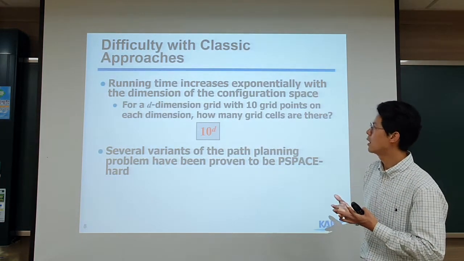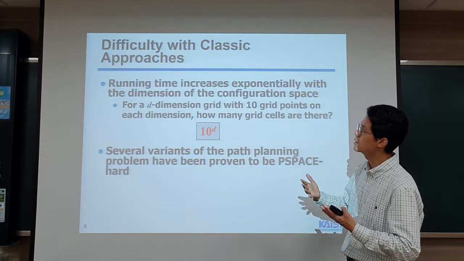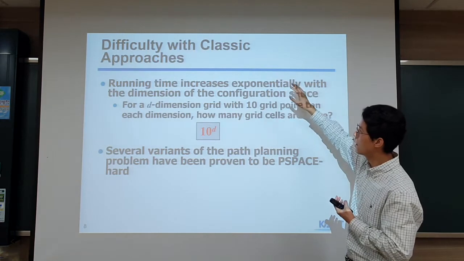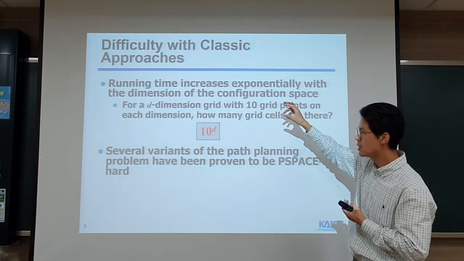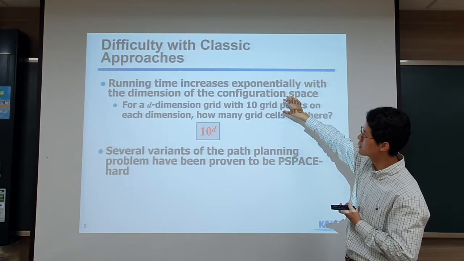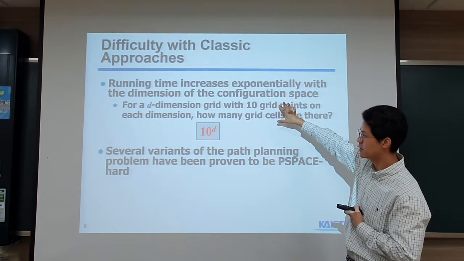Early on, a lot of techniques tried to exactly compute the solution, but they came with the issue of very high running time as a function of the DOF of the C space.